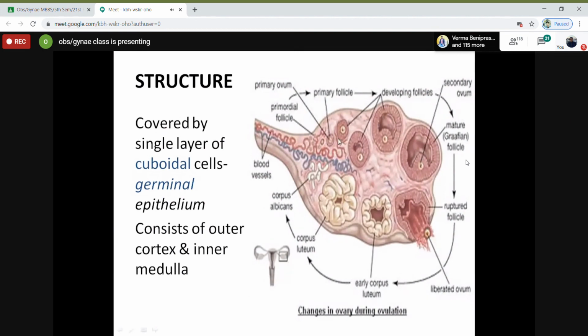The germ cell maturation is all happening in the cortex. The medulla has only a few smooth muscles, few nerves, vessels, stroma. So all the action happens in the cortex of the ovary. This is lined by cuboidal cells.